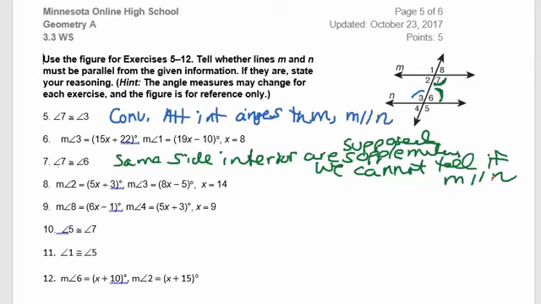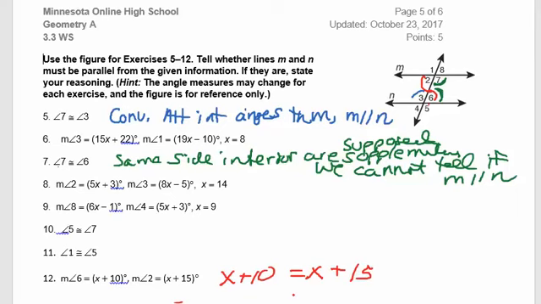How about, let's look at one of these that has more stuff. Number 12 is one that a lot of people get confused with. We have measure of angle 6 is x plus 10. Measure of angle 2 is x plus 15. So these are alternate interior angles, but they did not tell us if they are congruent to each other. Let's see if we can figure out anything from this. If they were equal to each other, then their measures would be equal.